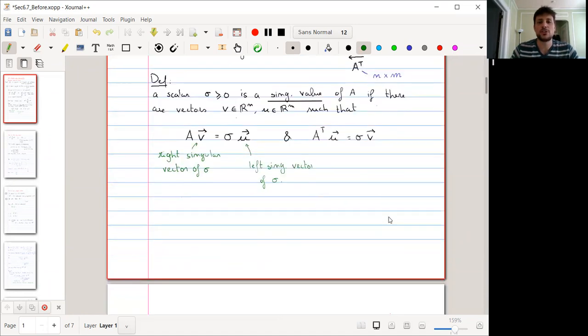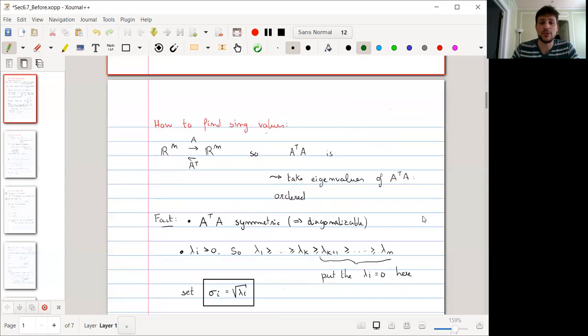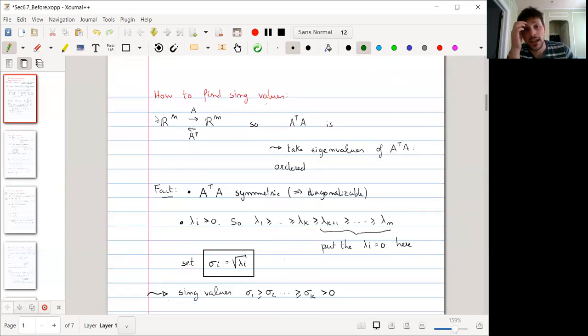Okay, so now the question is, well, the same methods as before don't work. These matrices don't even have a determinant because they're not square. So how do we find singular values and singular vectors? Let's start with the singular values. Again, remember that A goes from Rn to Rm, A transpose goes the other way. If I do A and then A transpose, I'm taking a vector from Rn and spitting back another vector of Rn.